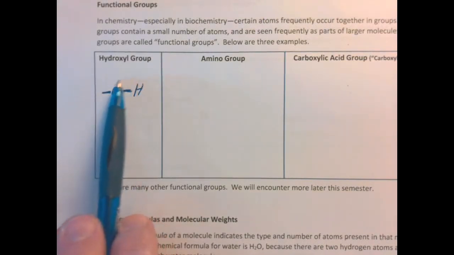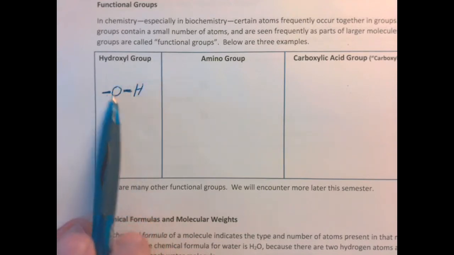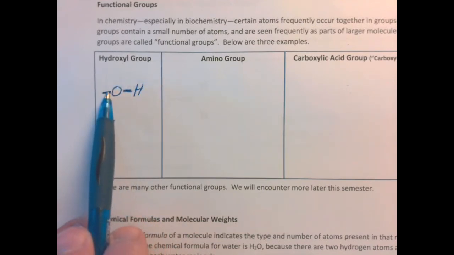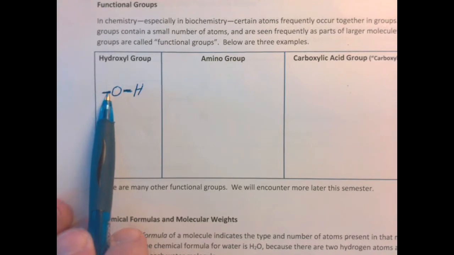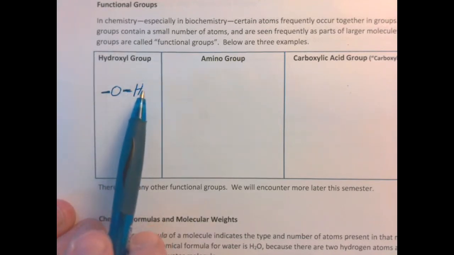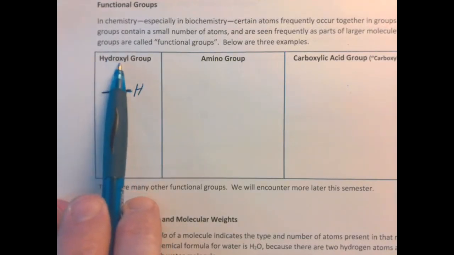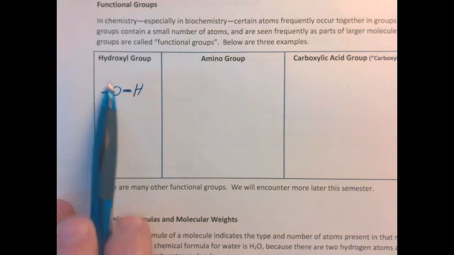So these atoms travel around together frequently as one modular unit, and they attach to larger structures by means of that one bond there. I'm just not showing you what it's attaching to right now because I'm not trying to draw a whole molecule. I'm just trying to draw what's called a hydroxyl group. It's a hydrogen and an oxygen, hence hydroxyl. And it's a functional group.